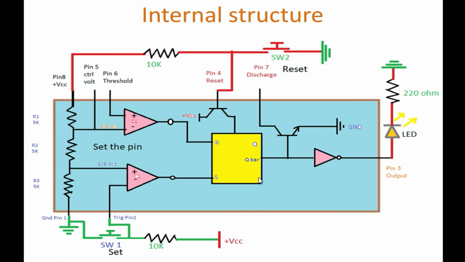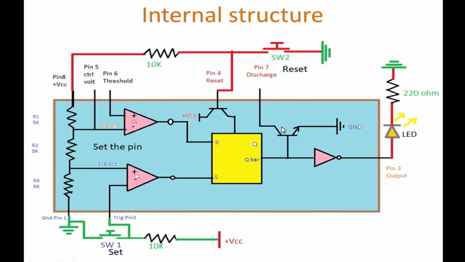Then the flip-flop will be set, Q equals 1 and Q bar equals 0. After that, the pin number 3 output will be high for infinite time, because we are not doing anything else or interrupting the system.